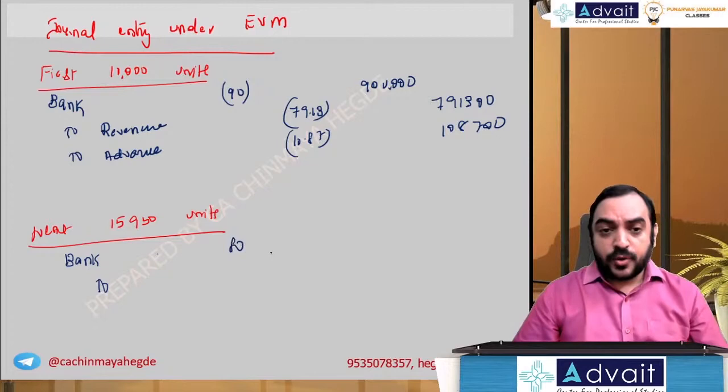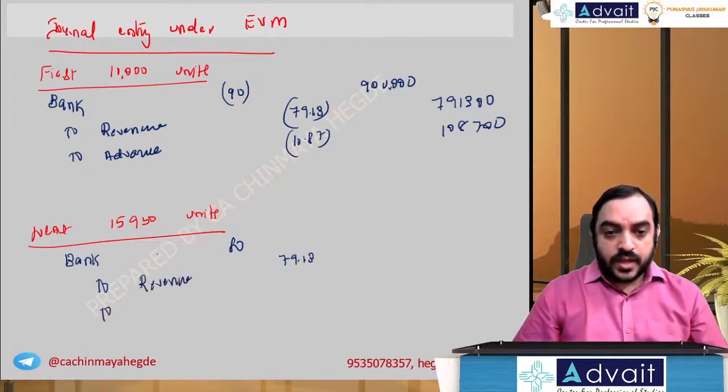Revenue balance amount is going to be 79.13, and bank account to revenue. Balance is going to be advance, that is 80 minus 79.13, 0.87.